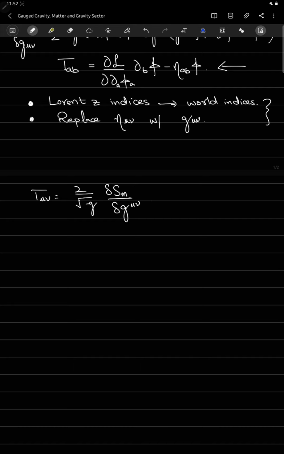And this energy momentum tensor is the first triumph, or the first success, that we have gotten to so far.